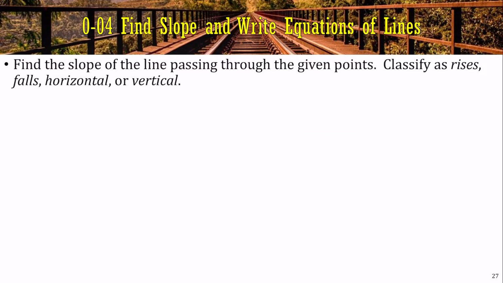All right, so let's determine the slope and then say if it rises, falls, is horizontal or vertical. So here's a pair of points. Let's find the slope. All right, slope is y2 minus y1 over x2 minus x1. Let's call my first point x1, y1, and my second point I'll call x2, y2.